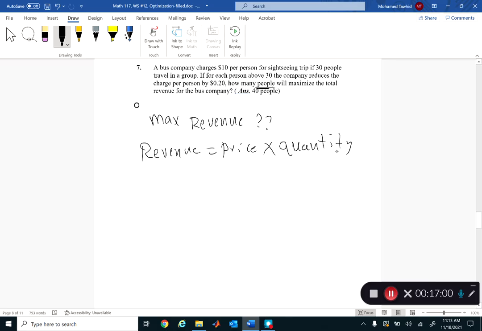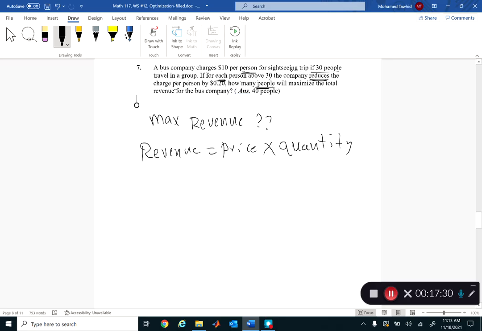So now, what is your price? Go ahead and start reading. A bus company charges $10 per person for a sightseeing trip if 30 people travel in a group. If for each person above 30, the company reduces the charge per person by 20 cents. How many? So that is the question.